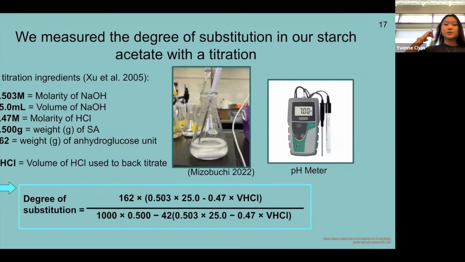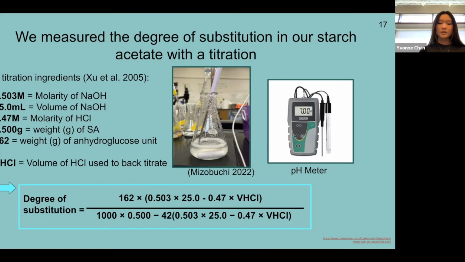The degree of substitution is determined with a back titration. A back titration is a method where the concentration of our starch acetate is determined by reacting it with a known amount of excess reagent, which in our case is sodium hydroxide, that is hydrolyzing the substituted groups in the starch acetate. And then the remaining excess sodium hydroxide is titrated with a second reagent, which is hydrochloric acid.